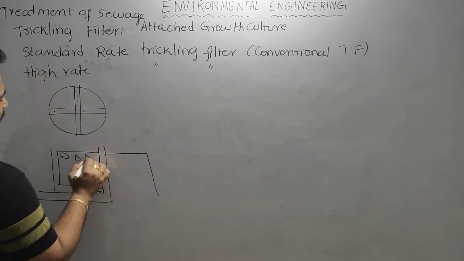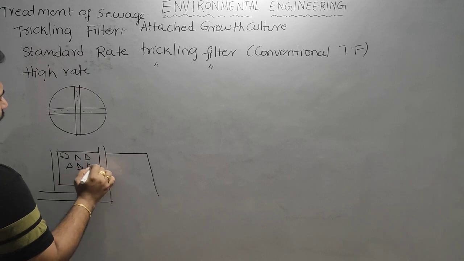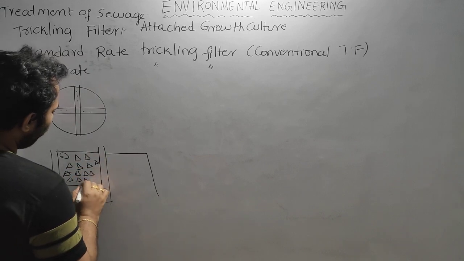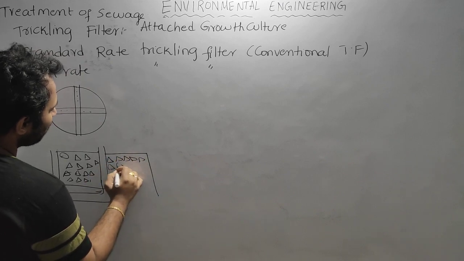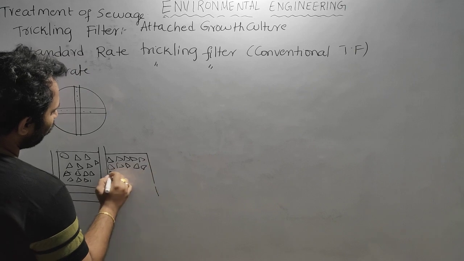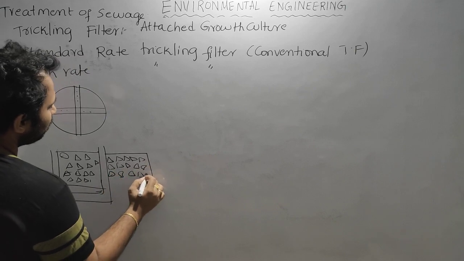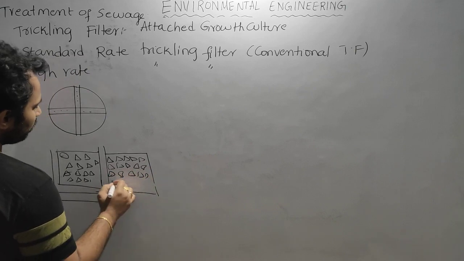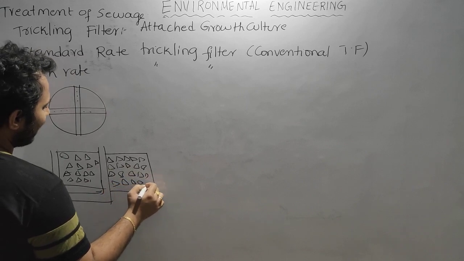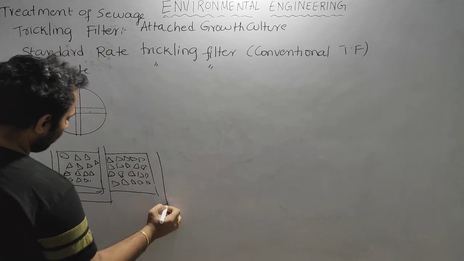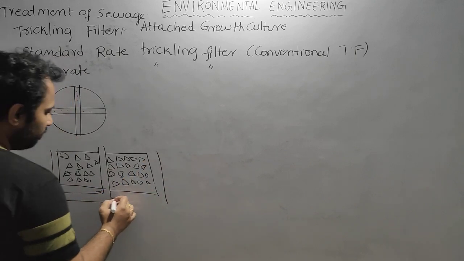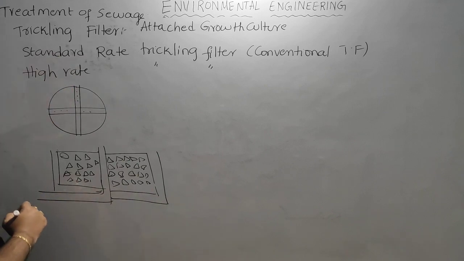This filter bed contains broken brick bats. To allow air flow into it, we generally use a material which has more voids, so that the sewage will trickle into these gaps. It also allows the flow of air, so that the oxygen availability can be ensured.